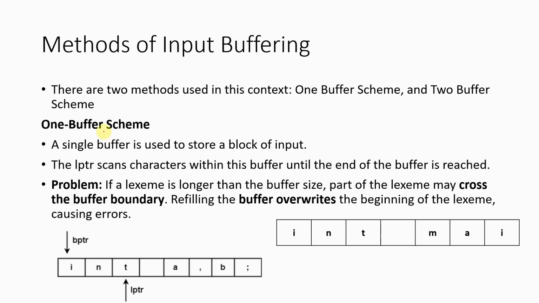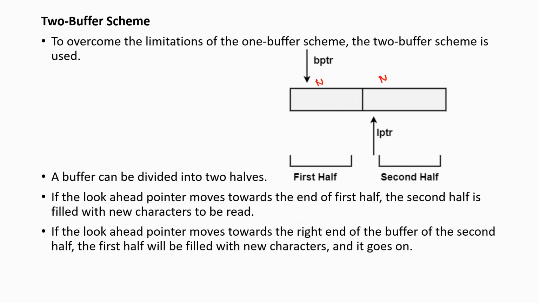And there are two schemes, the one buffer scheme and the two buffer scheme. When our lexeme is longer than the buffer size, the lexeme will cross the buffer boundary. Also, if you want to load the next set of characters or the next set of instructions, the buffer gets overwritten with the new data. So we have a two buffer scheme to overcome the limitation.